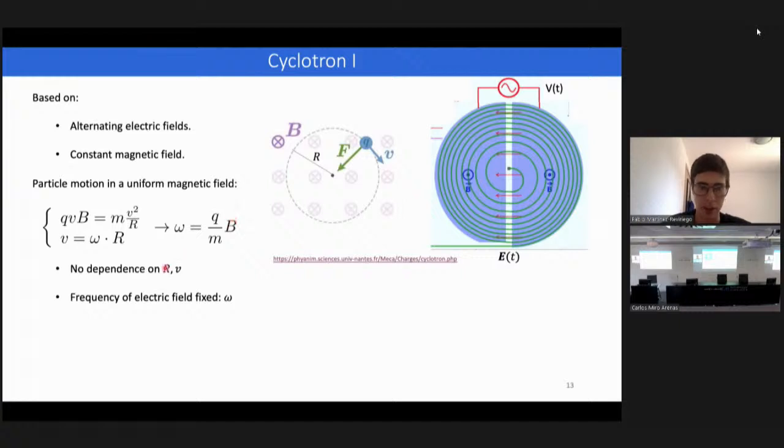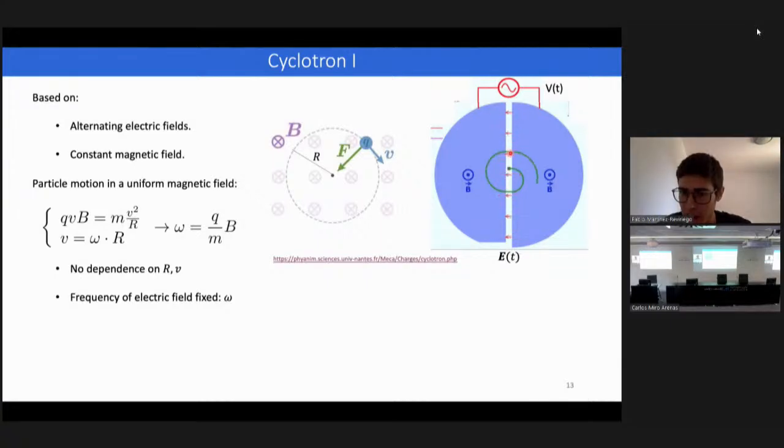So there is no dependence on the radius, no dependence on the particle's velocity, and then we can fix the electric field frequency here in the gap. The larger the particle's velocity, the larger the circle, but the time to do one semi-period will always be the same. You can see an example of the video here.